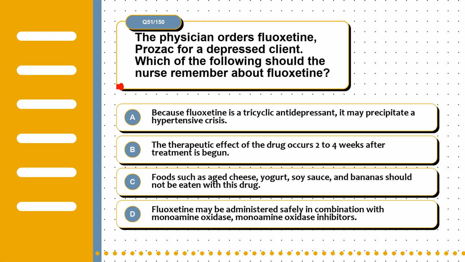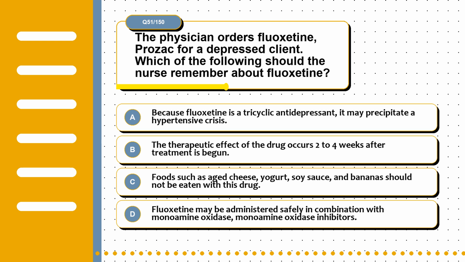Question 51. The physician orders fluoxetine, Prozac for a depressed client. Which of the following should the nurse remember about fluoxetine? Option A. Because fluoxetine is a tricyclic antidepressant, it may precipitate a hypertensive crisis.